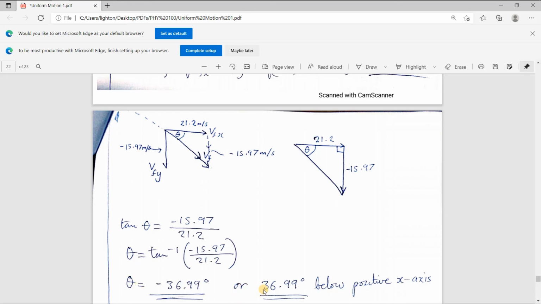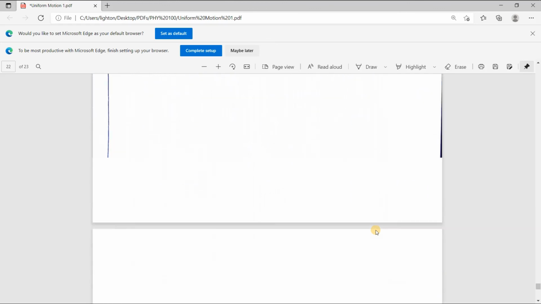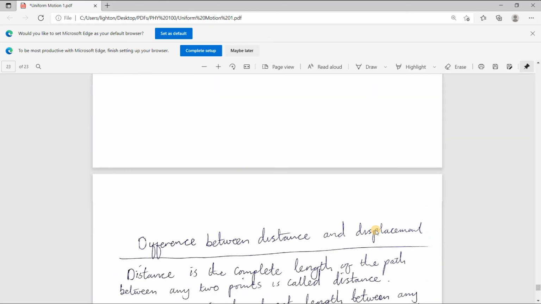Or in words, you can say 36.99 degrees below the positive x-axis. Because when you look at this angle, it is below the positive axis. But angles are measured anti-clockwise like that. So it is this value, which is 36.99, or you can say 37 degrees below the positive x-axis. Then you have your direction and the question is done.